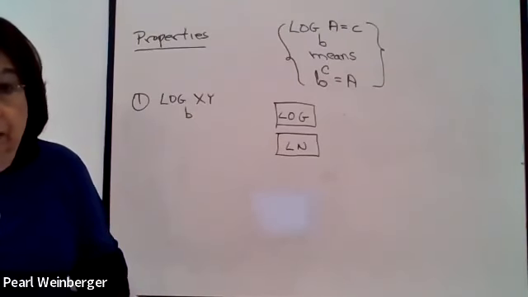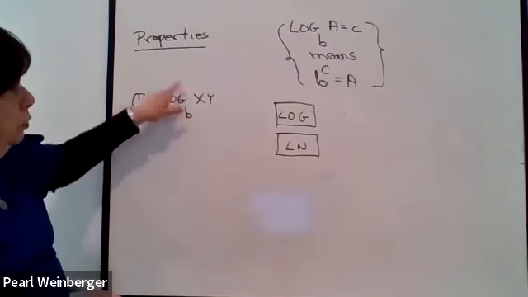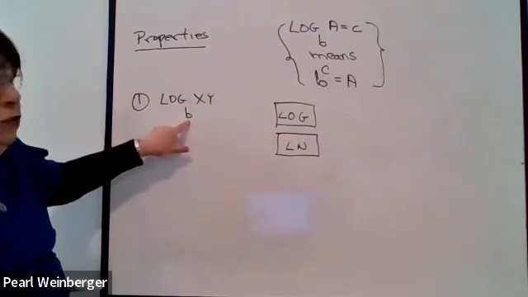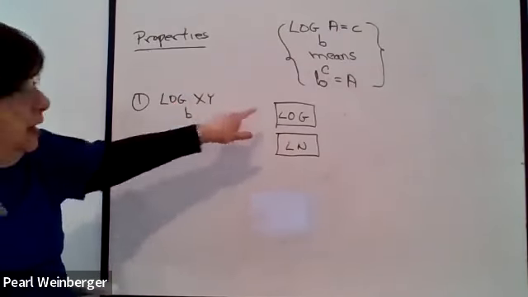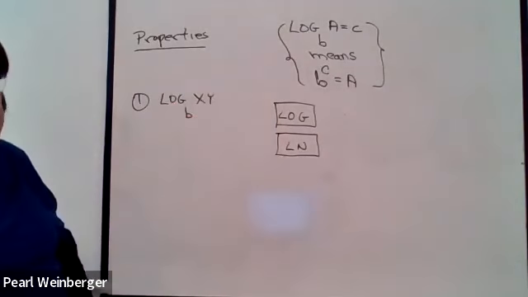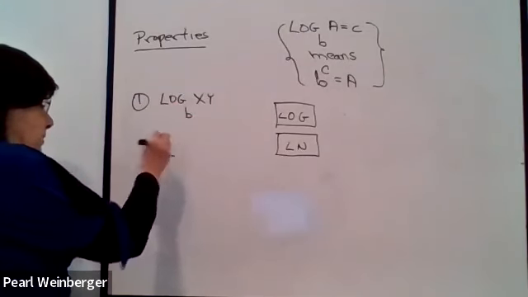The log button, when you look at it, looks a little strange, because whenever we write the word log, we always write a subscript with it. And I don't see any subscript written with it. And that's not a mistake.